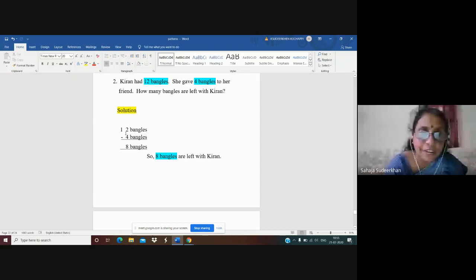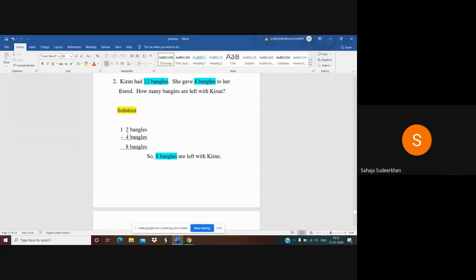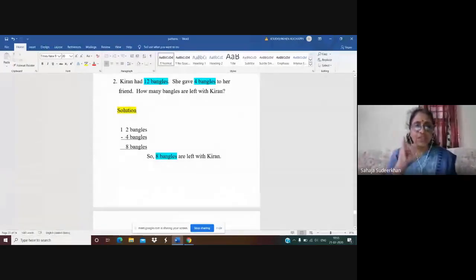Where? In ones place, because it is a single digit. Just below we have to write 4. So 12 bangles minus 4 bangles. Then we will subtract it. We can do forward counting also. Now this number is 4. So we start from 4: after 4 comes 5, 6, 7, 8, 9, 10, 11, 12.